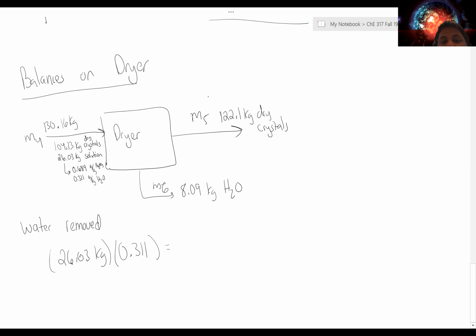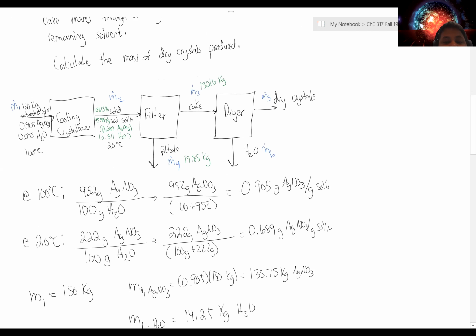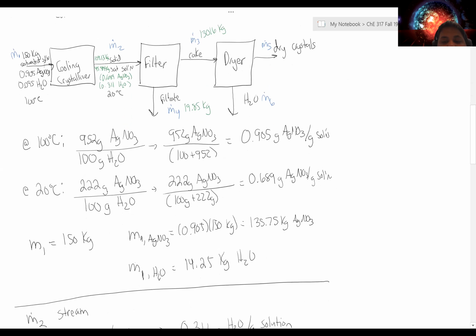So that tells us how much dry silver nitrate crystals we produced. And looking back on our process, we had about 135.75 kilograms of dry crystals, so the yield's pretty high.